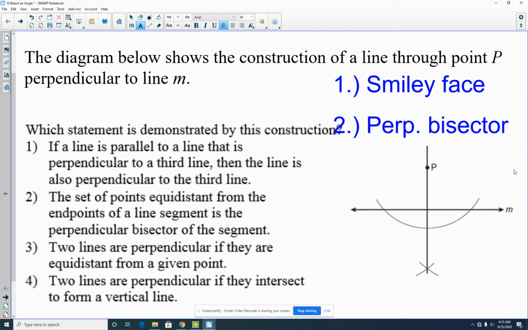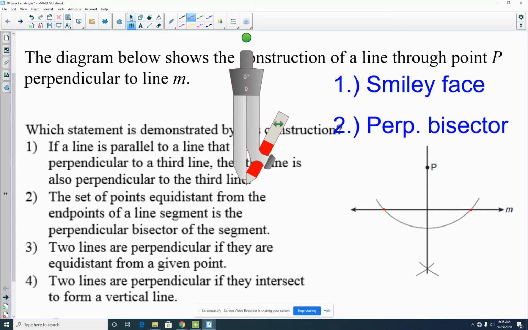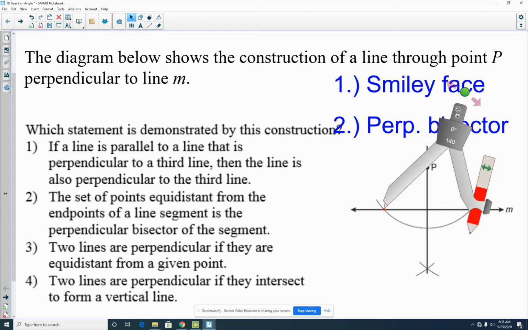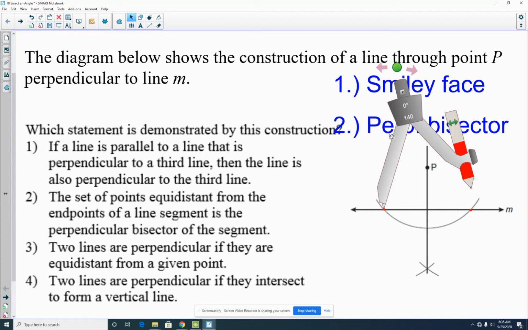So we have our smiley face here, and then we have our 2 points of intersection, right here and right here. And then you would take your compass and you would essentially construct the perpendicular bisector of this segment, but you only need to put your arcs below because you have a point on top.